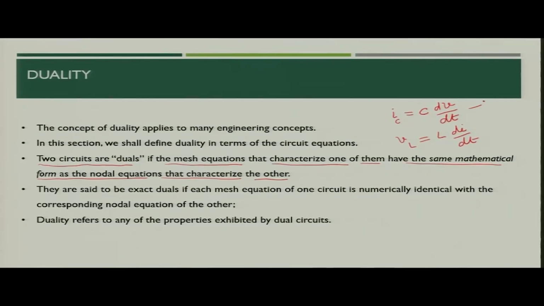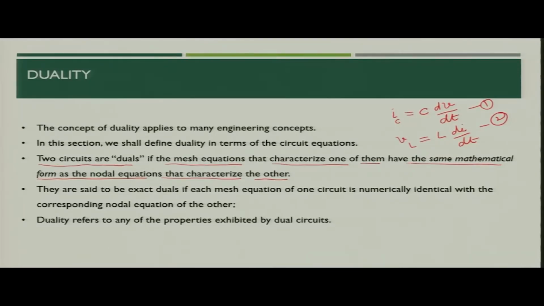If you see these two equations, both look similar in mathematical terms, because both have one constant before the derivative, that is d by dt of V and d by dt of current I. So, from a mathematical point of view, these two have the same mathematical form, that is why these are dual.